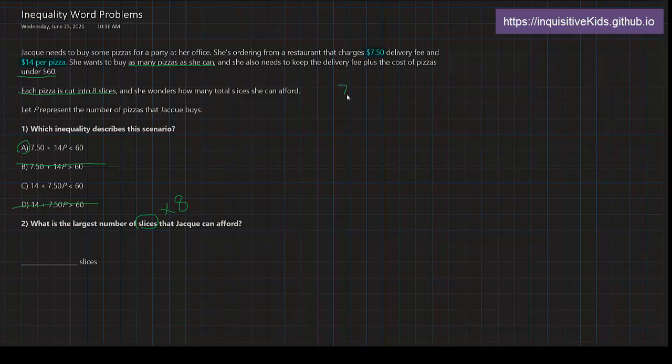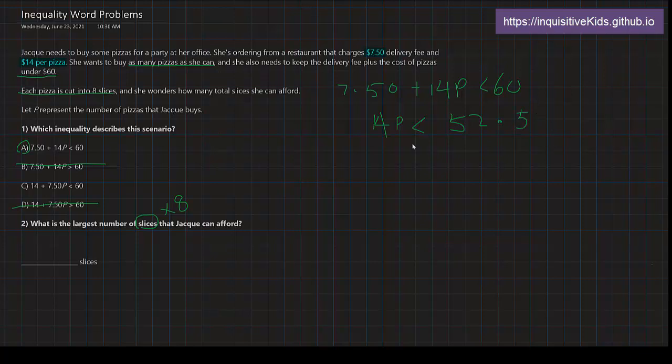Now we're going to take the inequality we just found and solve for P. First, we subtract 7.5 on both sides. So on the left side we have 14p, which is less than, we do the math on the right side, 60 minus 7.5, and we get 52.5.